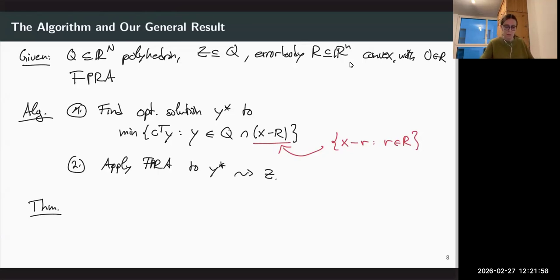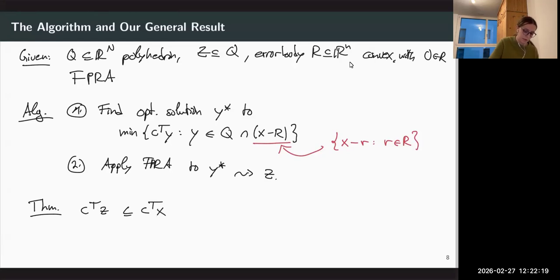This is a theorem about this algorithm. What we prove is that we then have c transpose z, so z is the vector that we output here, is no more expensive than the vector x, so c transpose x.